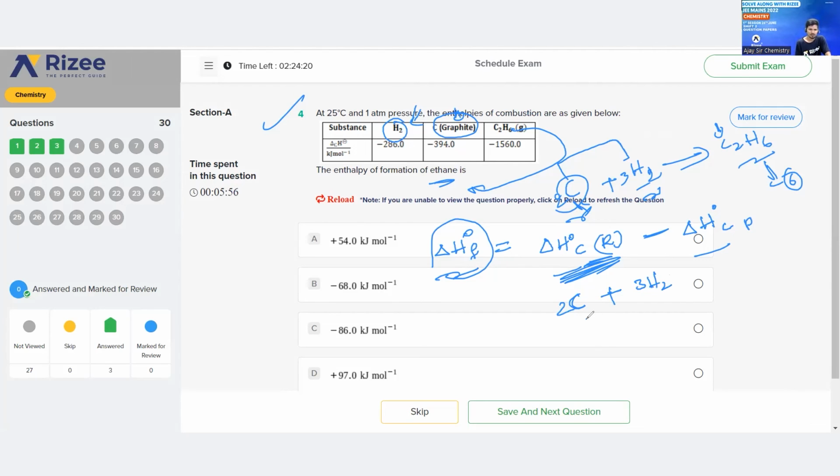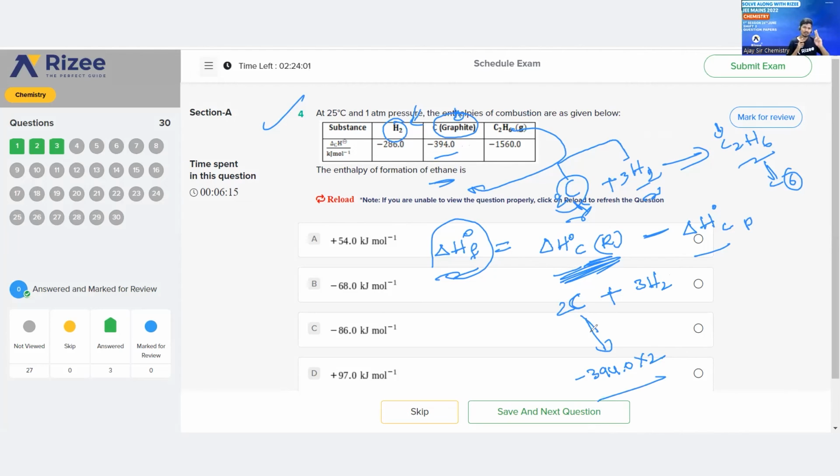The carbon enthalpy of combustion is minus 394.0, and we have to multiply with 2 because 2 carbons are there.